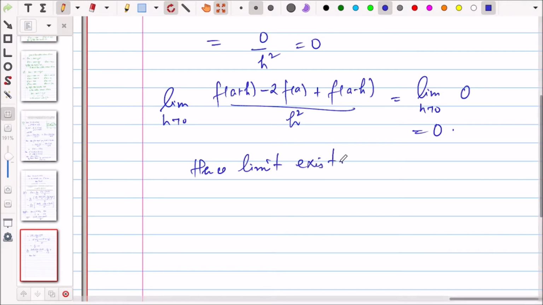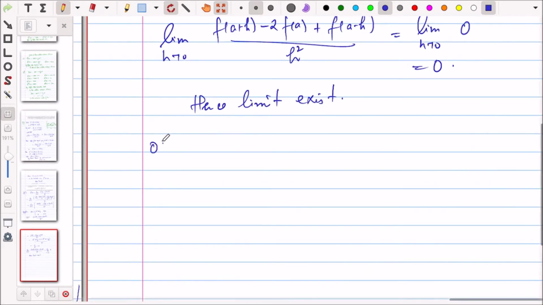Now let us show that the double derivative of f at 0 does not exist. For that, observe f dash x.